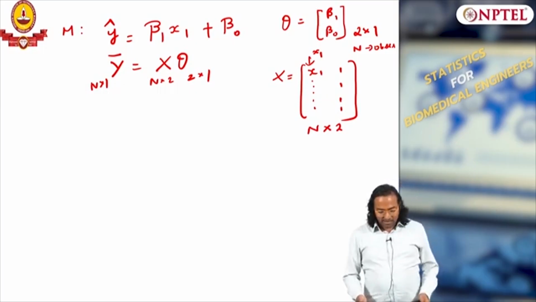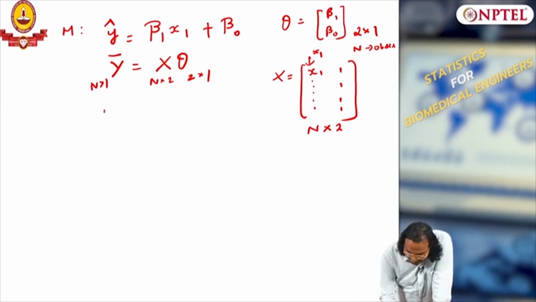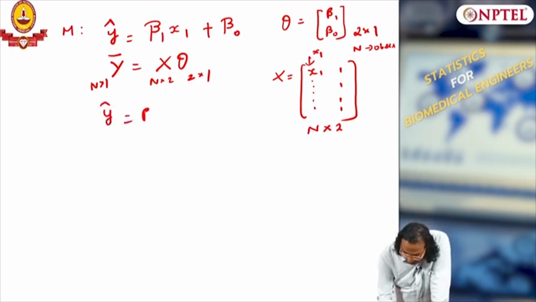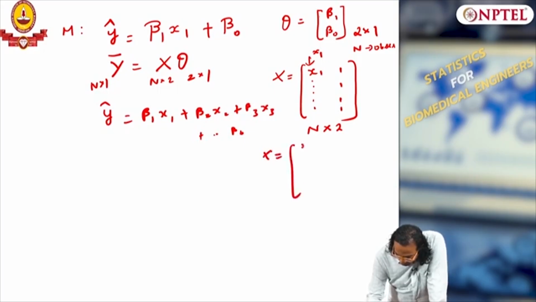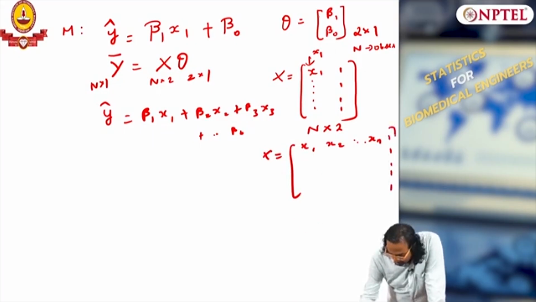So, you understand why I have written the numerical value 1 n times, because the weightage for beta naught is 1, and this gives me an idea to extend it easily. Let us say I have multiple variables, then this gives me an easy way to extend it, where X will be x1 up to xm, along with a column of 1s. Let us say there are m variables.